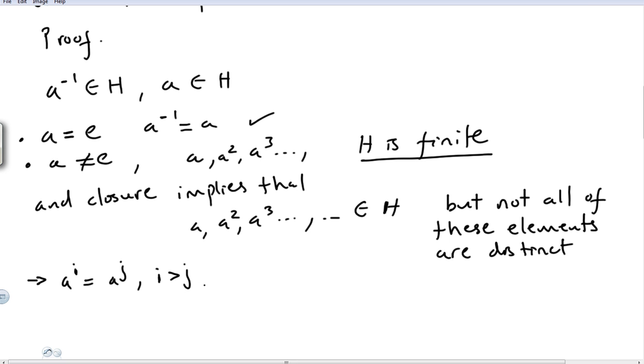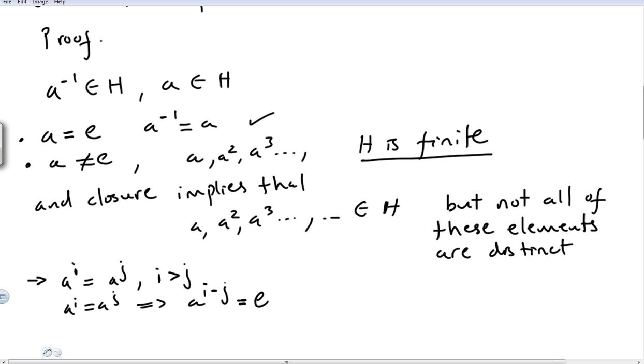Okay, so i = j implies that a to the power of i, a to the power of i minus j, equals, it has to be equal to the identity.